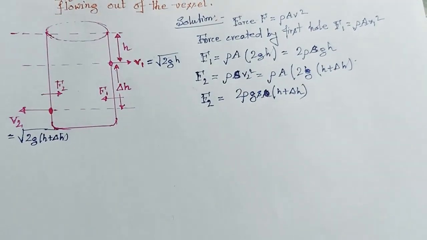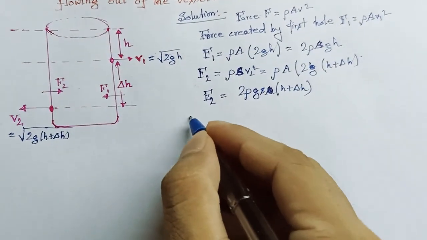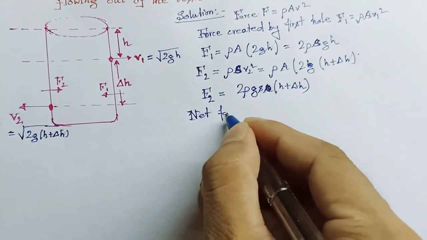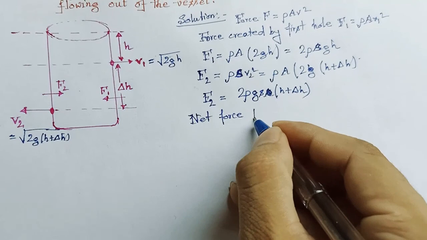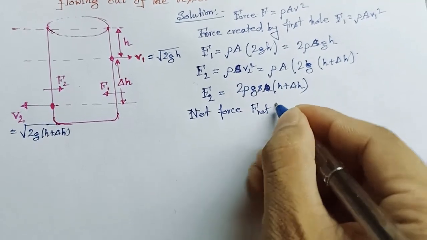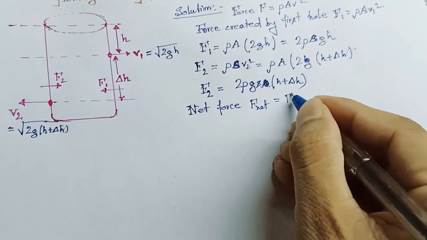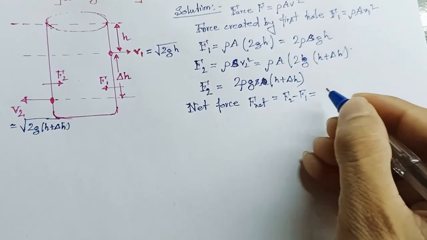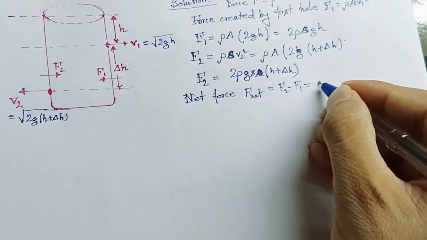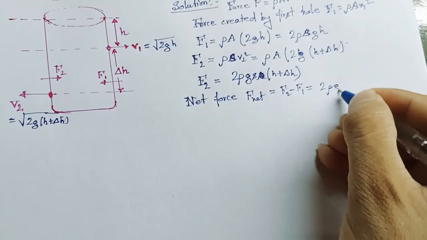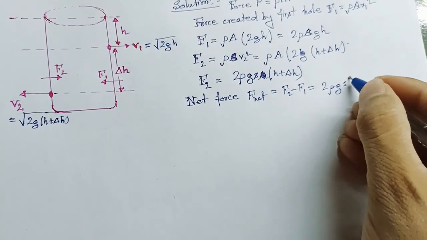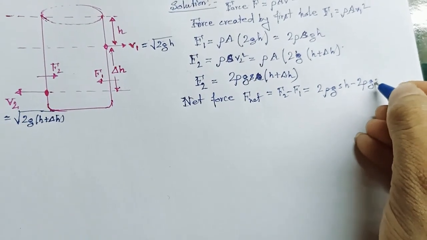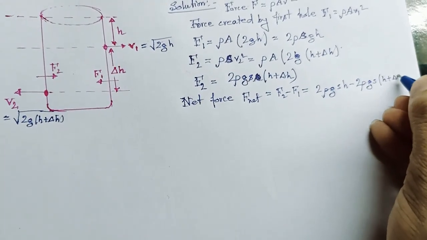Now the resultant or net force will be F net is equal to F2 minus F1. So we can write this force is equal to 2 rho g S into h plus delta h minus 2 rho g S h.